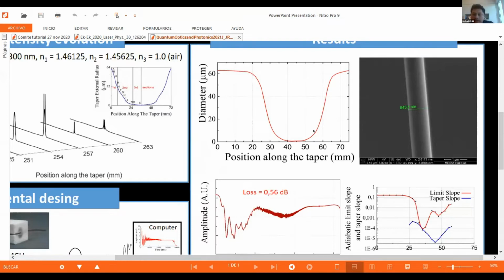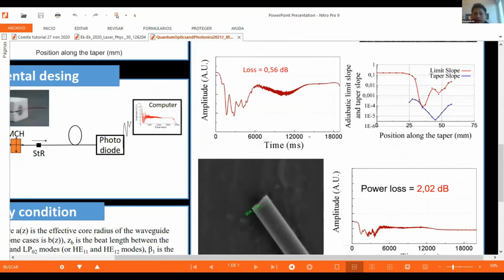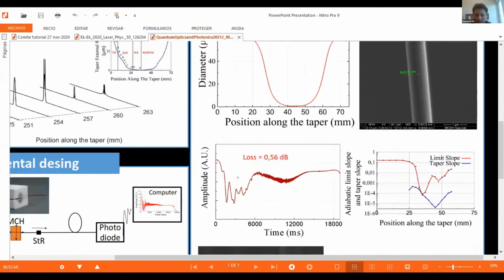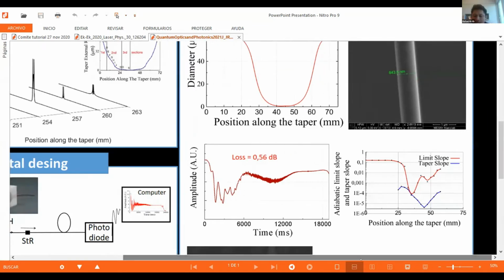But we also measured the losses during the process, as I show you in this graph, and we have losses around 0.56 dB, which means that our taper is not completely adiabatic.